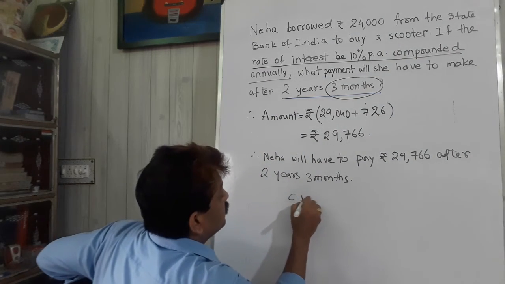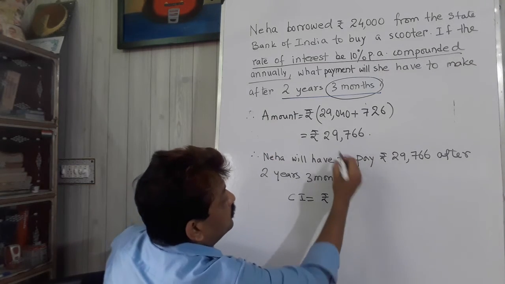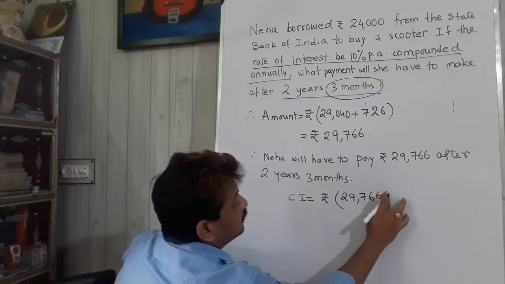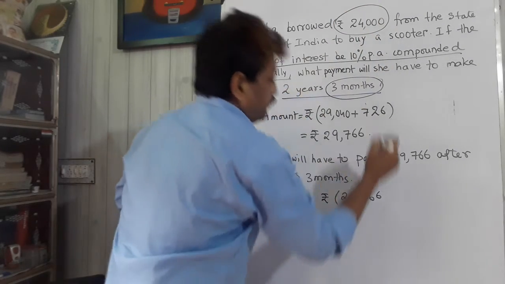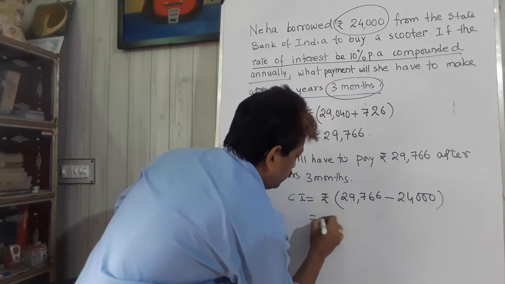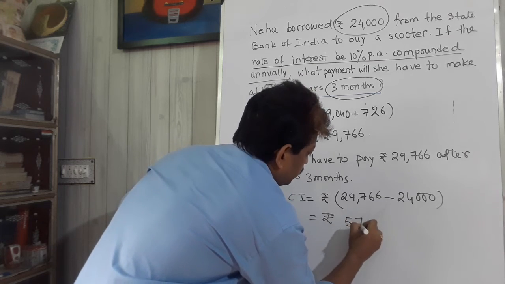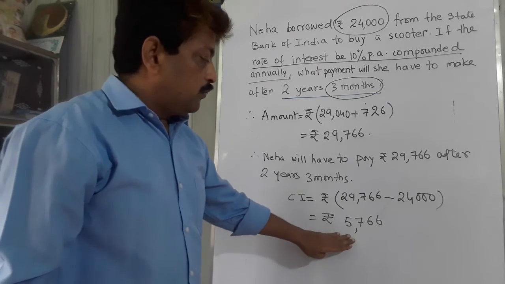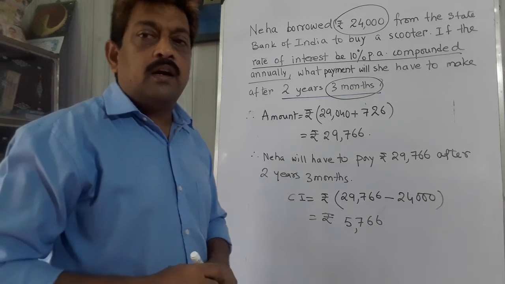So compound interest will be the final amount, that is 29,766, minus the principal money she has taken from the bank, rupees 24,000. Therefore it is 5,766. So she has paid this money, rupees 5,766, as the compound interest.